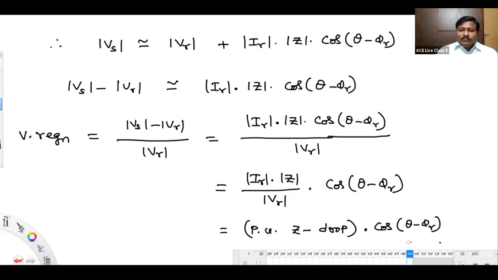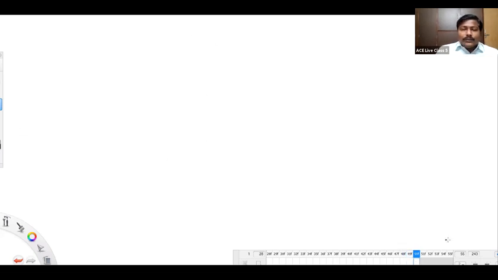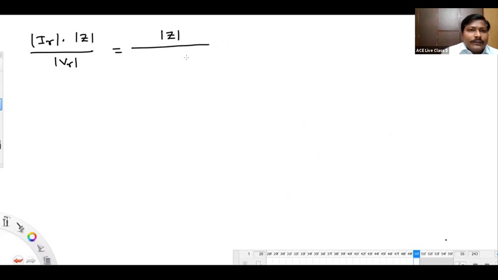Let's continue with this, IR into mod Z by mod VR. It can be rewritten as mod Z by mod VR by mod IR.